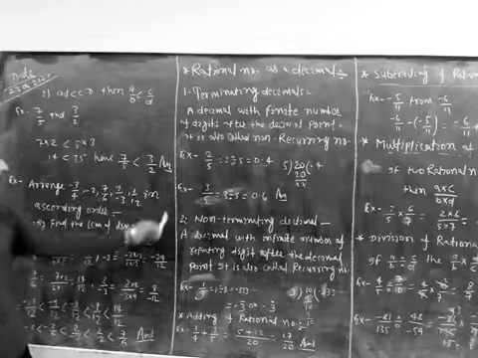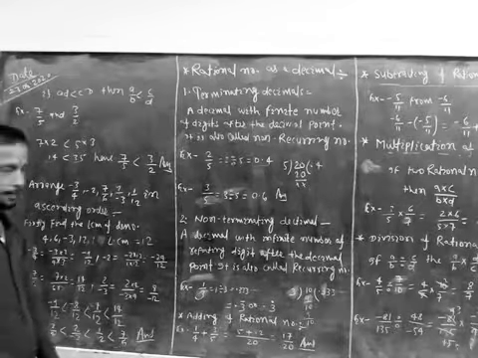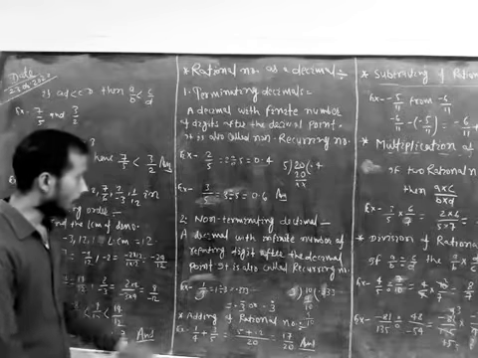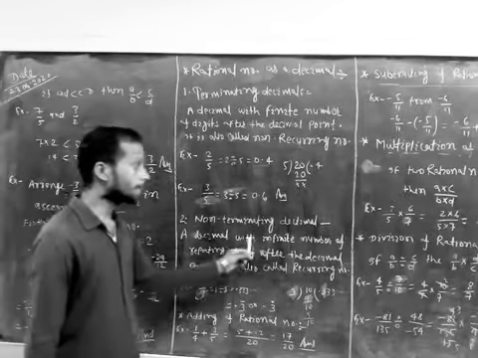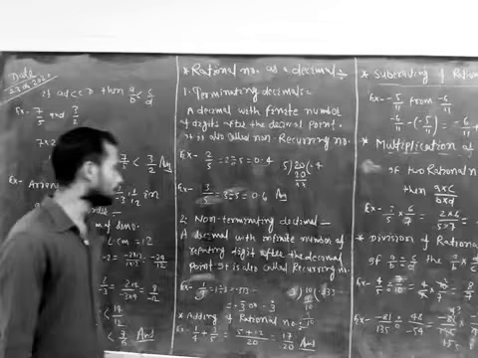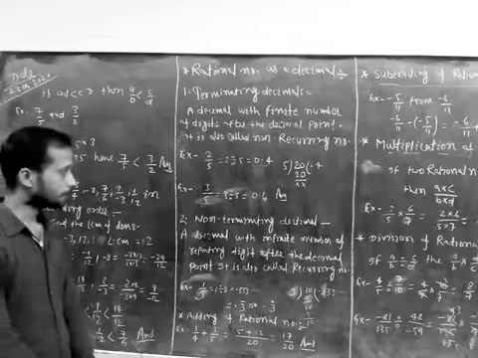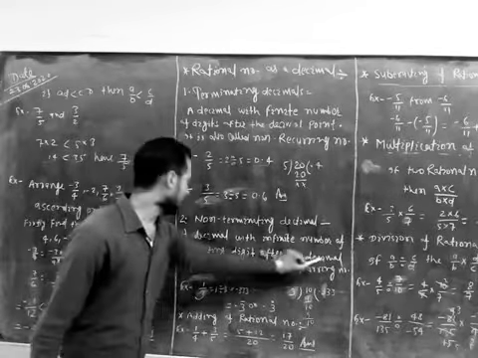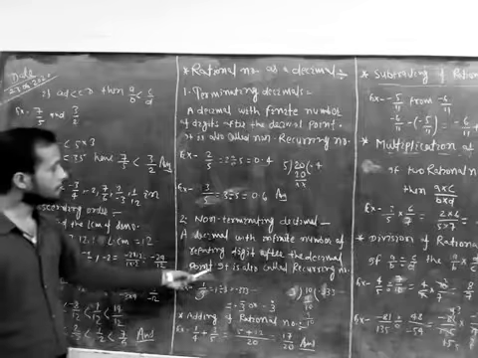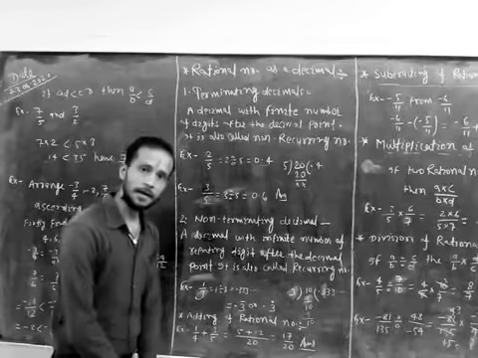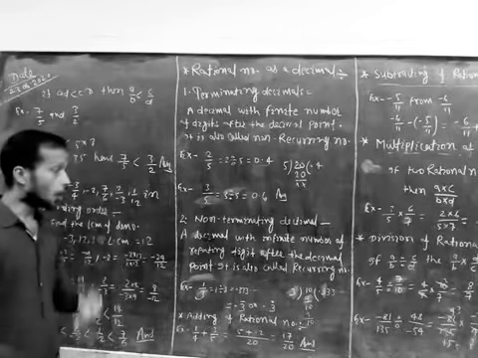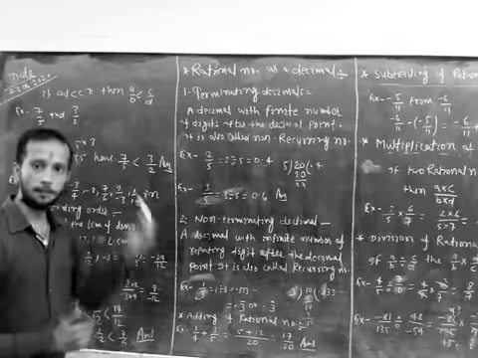Second, non-terminating decimal: a decimal with an infinite number of repeating digits after the decimal point. It is also called a recurring number or repeating number.